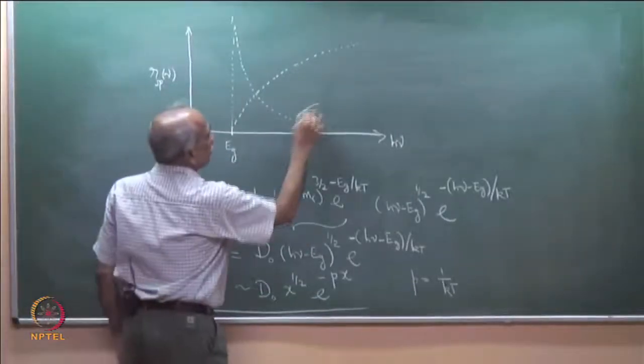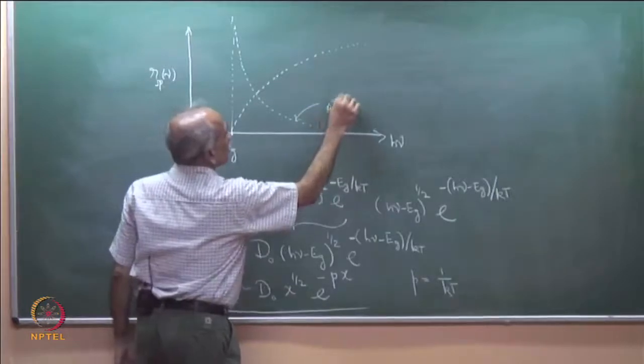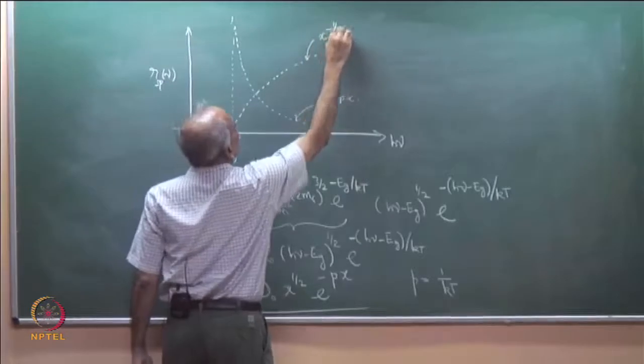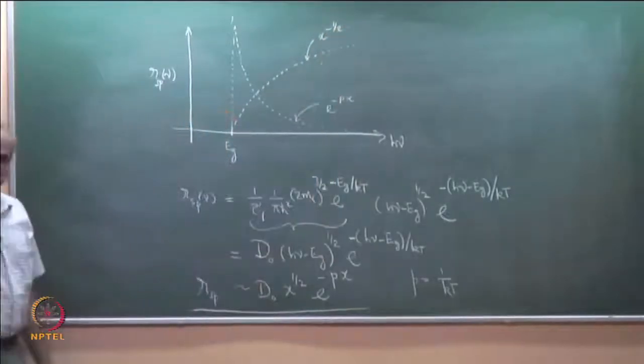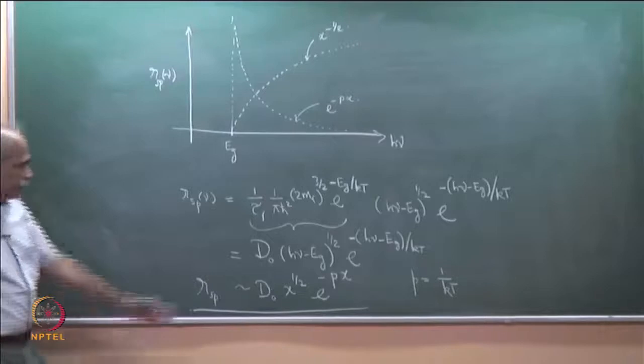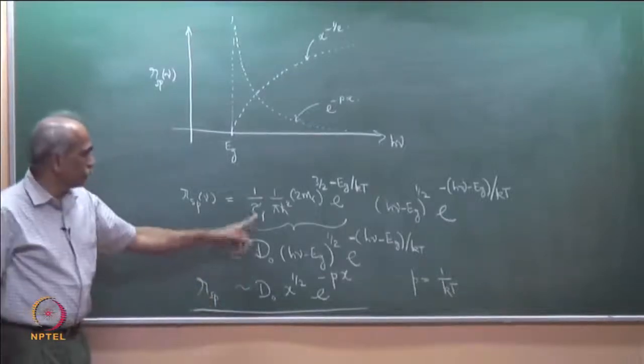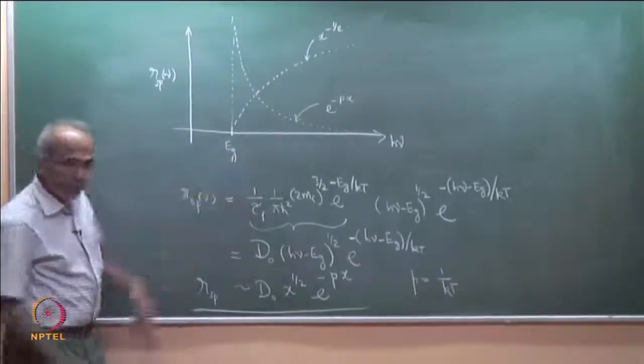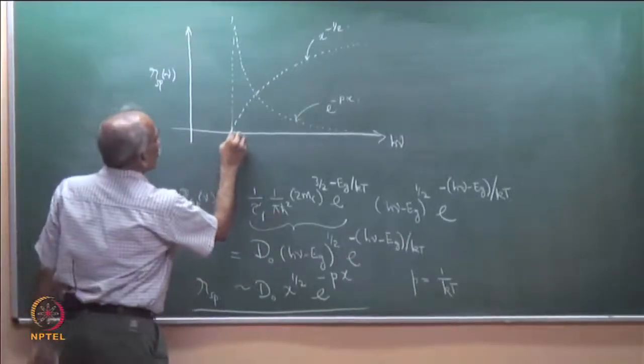So, this is e power minus p x variation, and this is x power half variation, and D 0 is a constant. D 0 does not involve nu, so it is a constant. So, how would the net result look like?